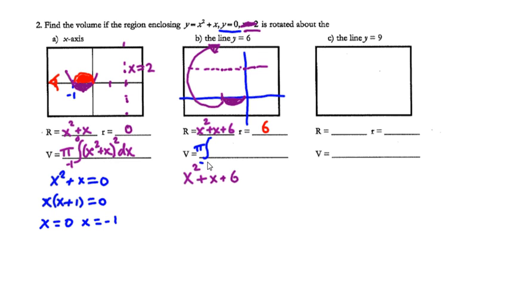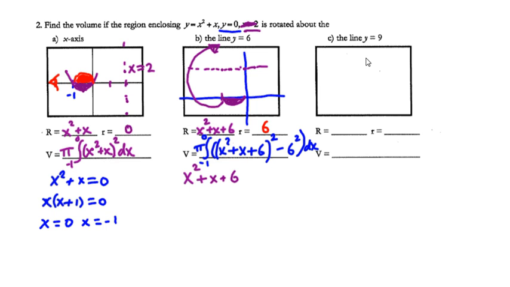We're going to go from -1 to 0, like we did earlier, and have big R, and big R is going to be x squared plus x plus 6, and that's going to be squared, and we're going to be minusing little r, so we're going to have 6 squared, times dx. So that's what this is going to look like.